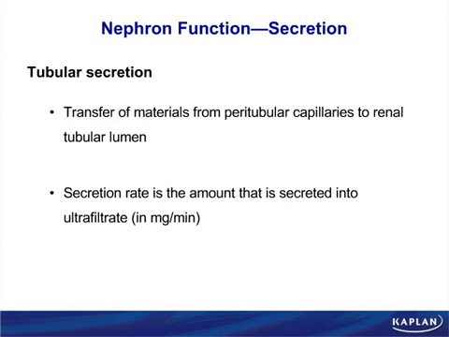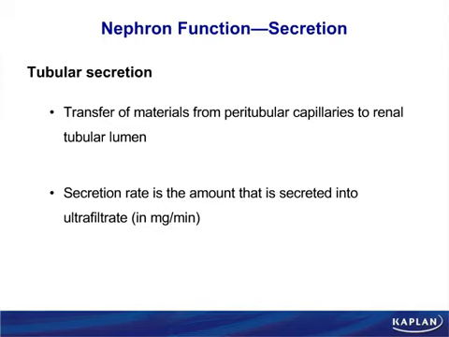Secretion. Secretion is a process when a substance is taken from the peritubular capillaries and moved into the lumen of the renal tubules. This also happens at a rate. Everything happens at a rate. So if the exam asks you for the secretion rate, they're asking you how fast a substance is secreted.